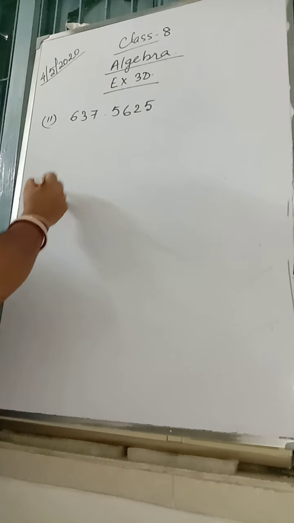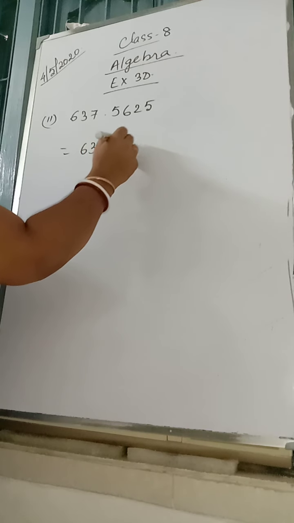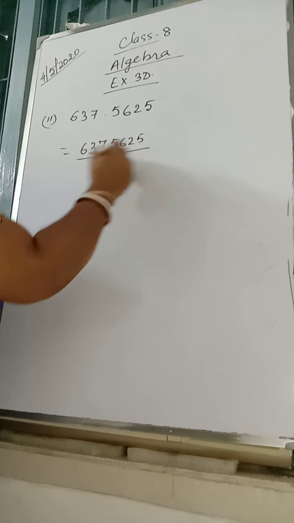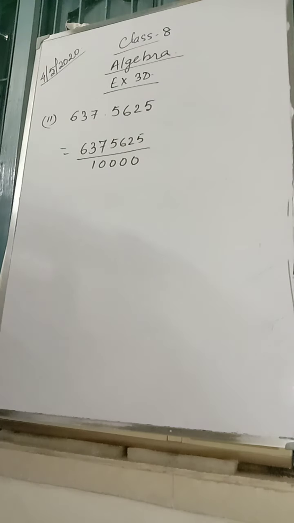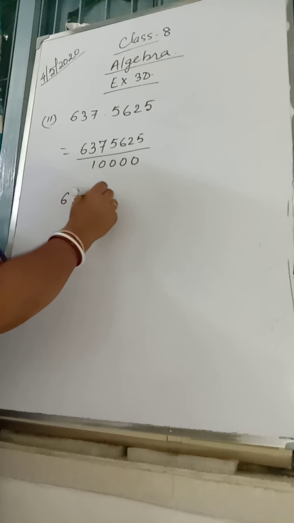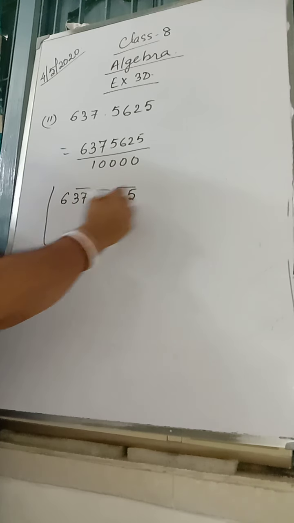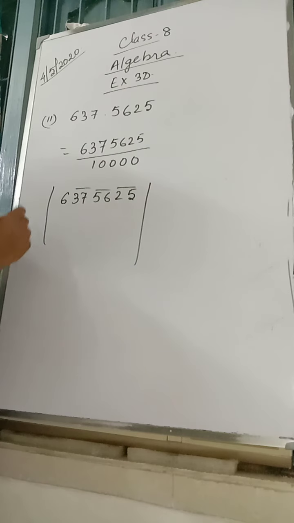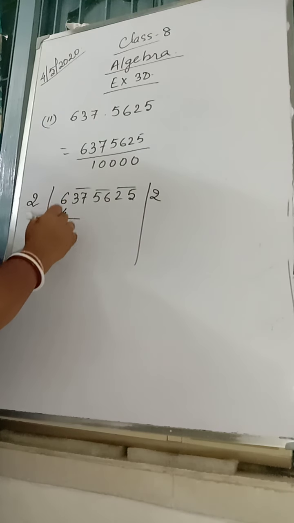Converting into a fraction, it gives you 6375625 by 1 followed by 4 zeros, 10,000. Now we have to get the square root of this. 6375625. Make pairs. 6 remains unpaired. Leave it, no problem. 2 2s are 4, 2.